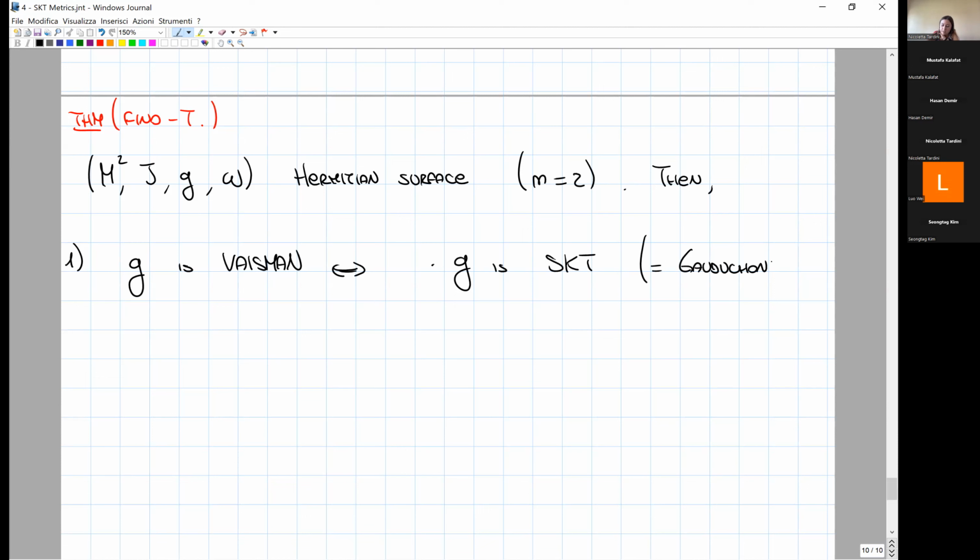Because we are in dimension 2, Gauduchon metrics are metrics such that dd^c ω^(n-1) is equal to 0. But if n is equal to 2, a Gauduchon metric coincides with an SKT metric. Okay, so in particular, it is a general fact that every Vaisman metric is Gauduchon. But we also have an additional condition, that nabla B satisfies the first Bianchi identity.